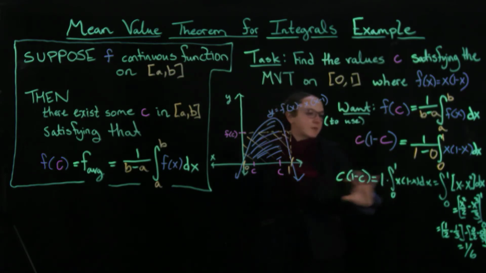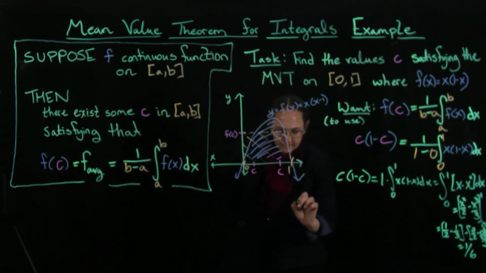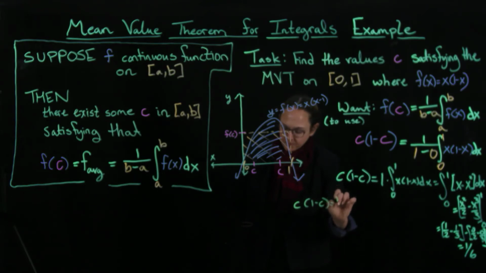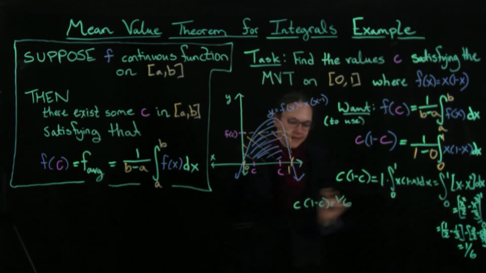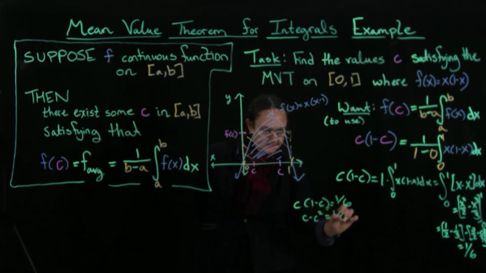Okay, so let's keep on working through from here. To the next step. So now I have c times (1 minus c) equals 1/6, from all of that, which gives me that c minus c squared equals 1/6.